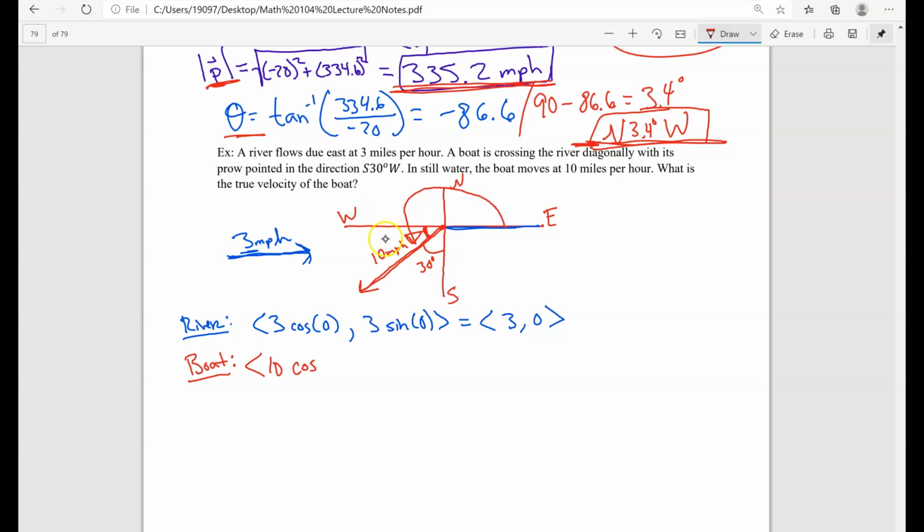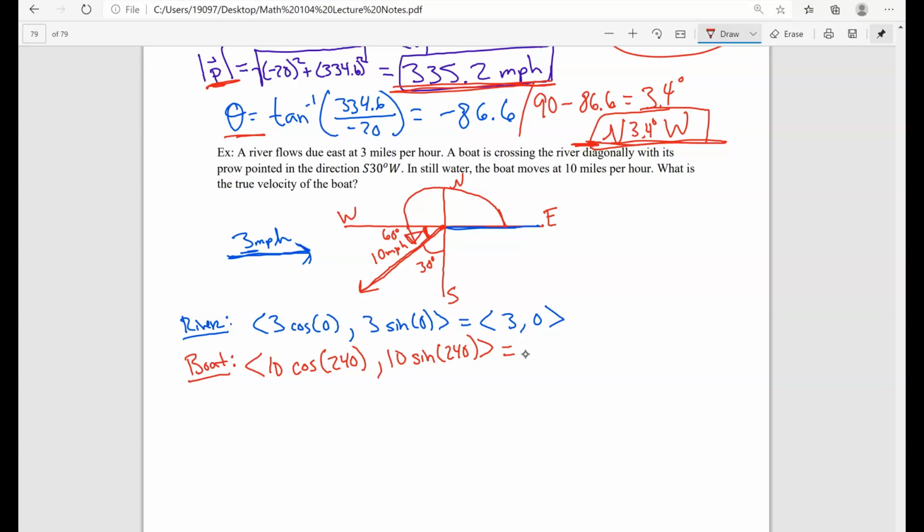If this is 30 degrees, the other should be 90 degrees. Oh, no, that's wrong. This should be 60 degrees. I know that this whole thing is 180, so I'm going to take 180 and add this 60 degrees, which is going to be 240. So this is going to be 10 times the cosine of 240, comma 10 times the sine of 240.